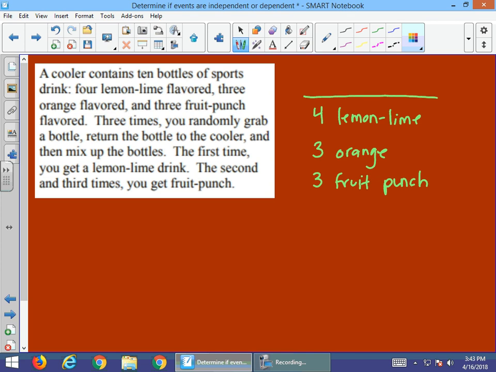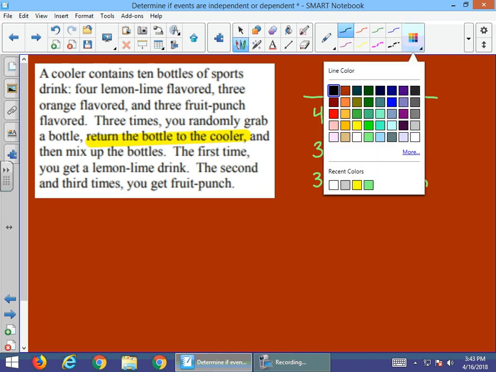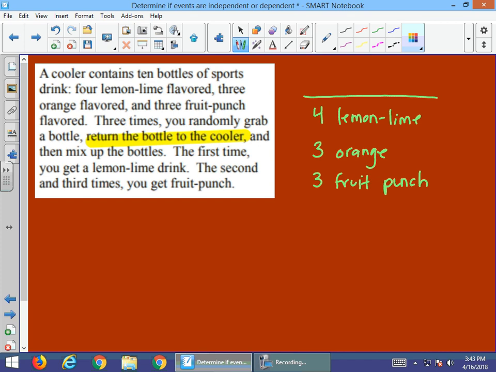All right, so I return the bottle to the cooler. So let me highlight this. It says right here, return the bottle to the cooler. So if I am taking the bottle out and then I'm putting it back, this is what we call with replacement. And if I am replacing the drink, I take it, I look at it, I put it back, these events will be independent events. Independent events because it is with replacement.